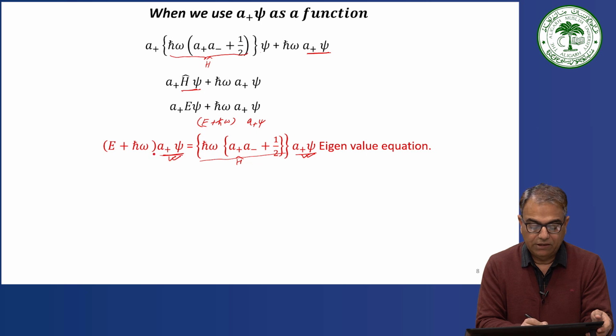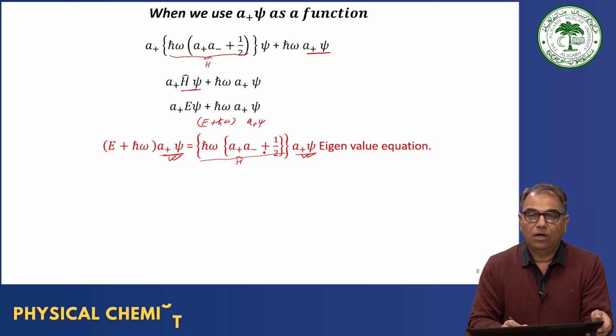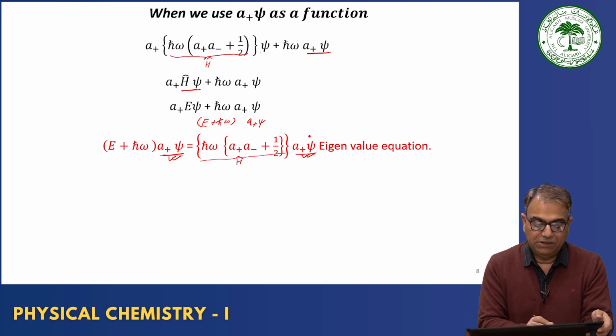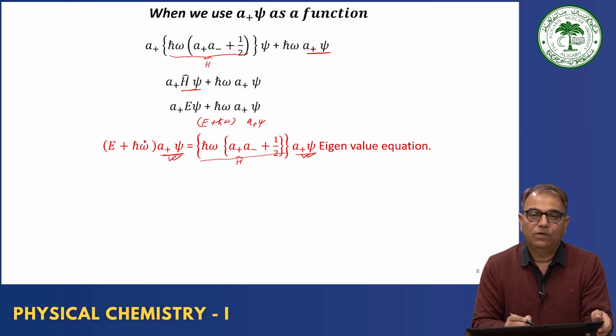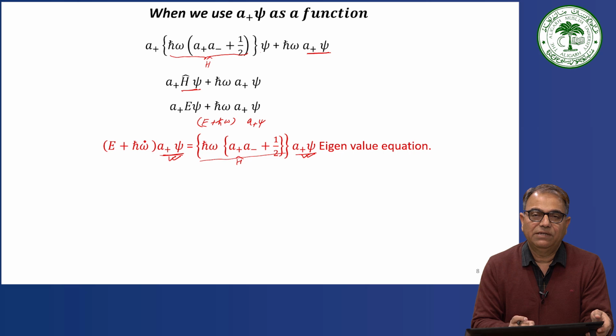This was your function. So this is an eigenvalue equation, and when you apply your Hamiltonian in terms of the ladder operators on the function A plus psi, the energy which you get is E plus h cross omega. If you remember, we talked about the fact that quantum mechanical harmonic oscillators have equispaced energy levels, and the energy difference between these levels is equal to h cross omega.